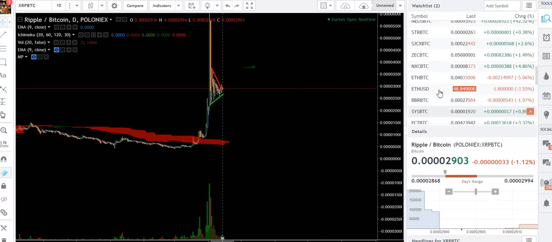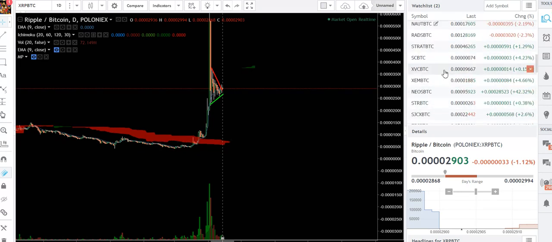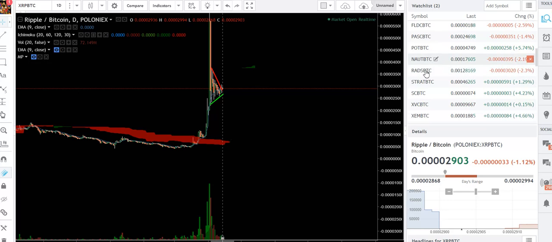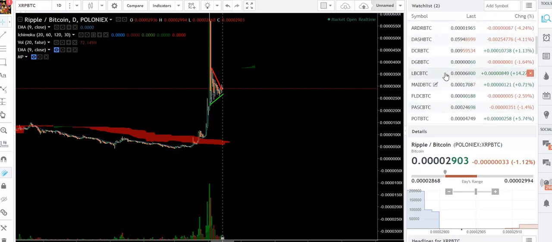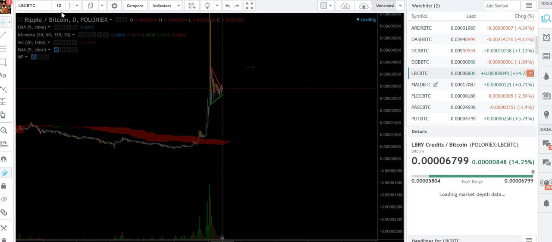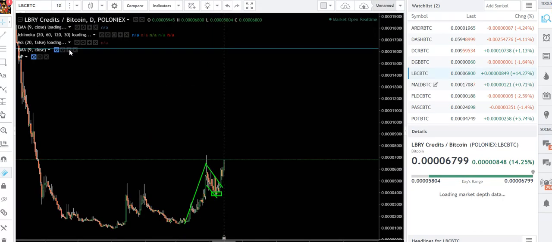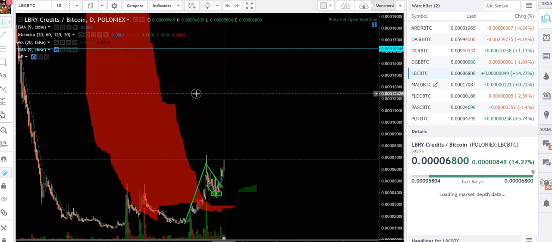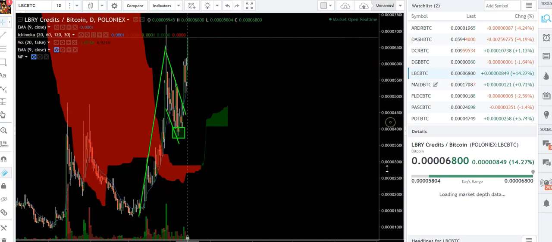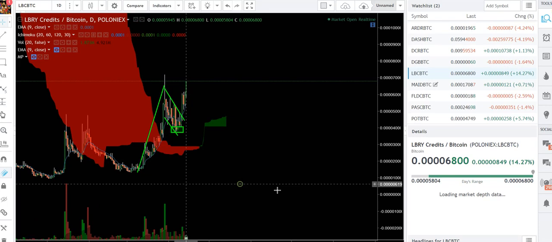The perfect example of that going on right now is with both Nautilus coin and Library coin. Meaning that we understood that we're going to get, even here on the daily, a nice 5 set of waves out of here.